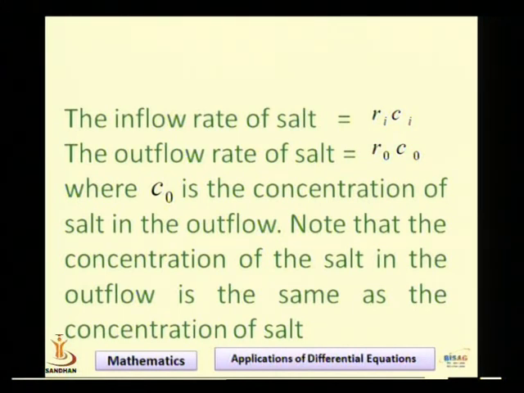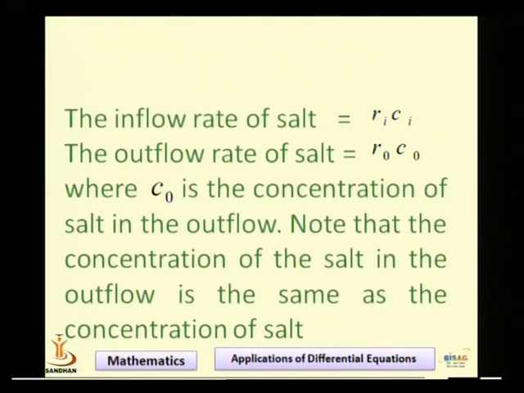Now, we can note that the concentration of the salt in the outflow is the same as the concentration of the salt in the tank, because the outflowing salt solution is from the tank.